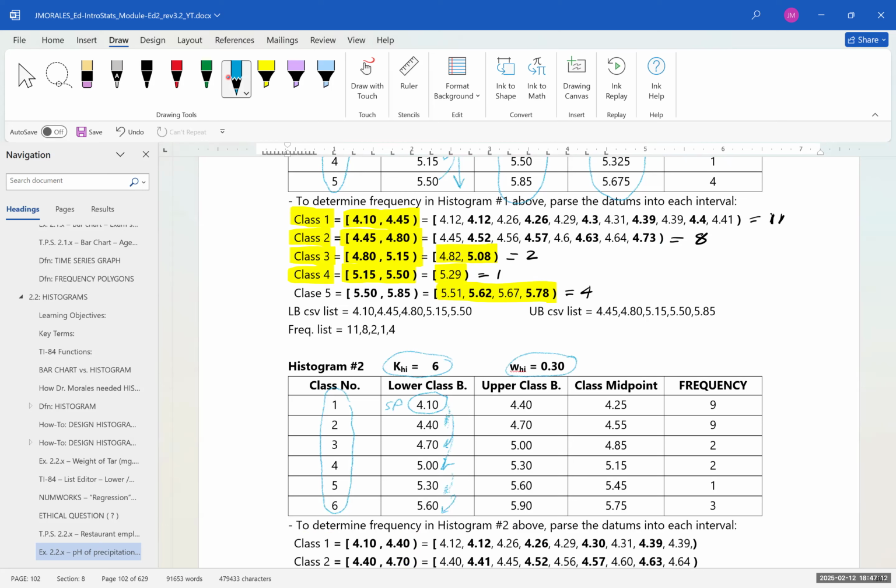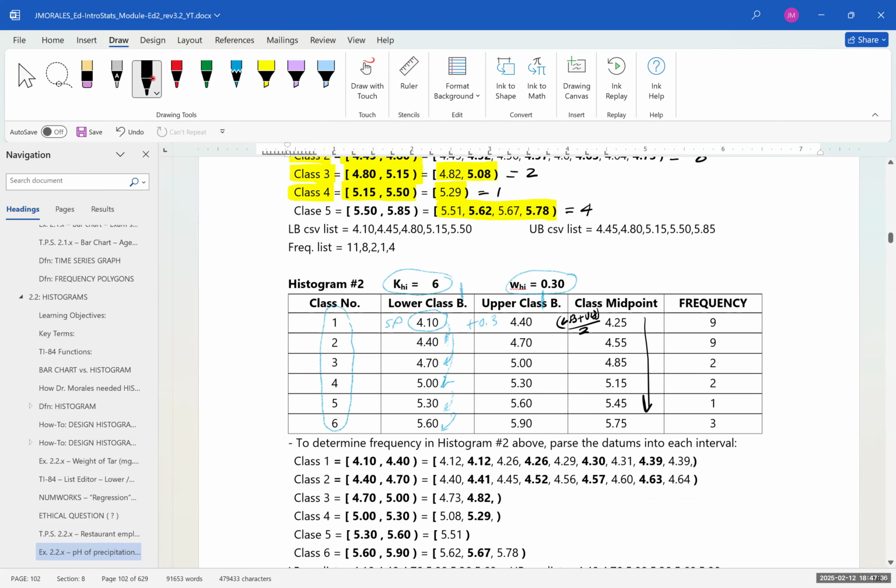Then use your calculator to add 0.3 from this list to make this one. And then for the midpoint, it's going to be the lower bound plus the upper bound divided by 2. And that'll get you all these values.